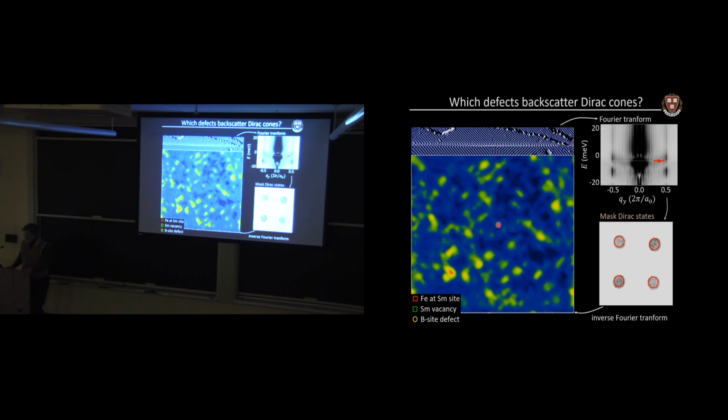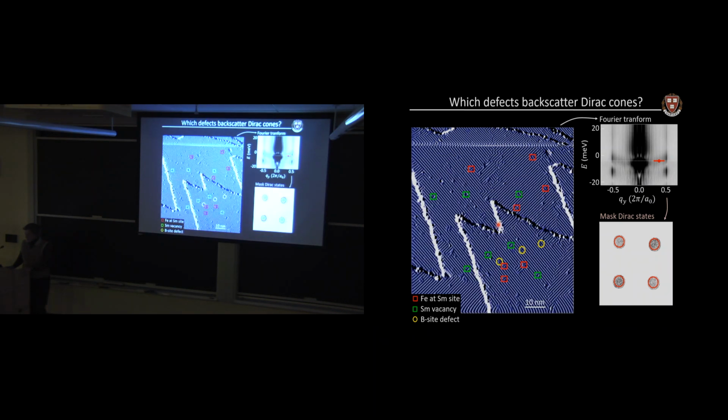I mean, there must be some kind of fundamental thing we can say, because we can look at the defects that are doing the scattering. So we Fourier transform this whole field of view. Here's the Dirac state, and then we take the scattering signature, mask out everything else, and inverse Fourier transform just the scattering signature of the Dirac cone.